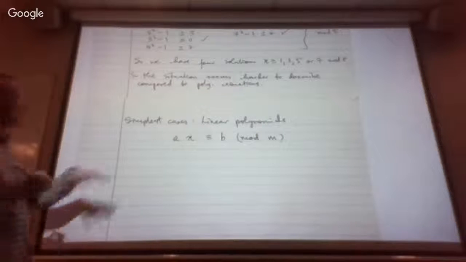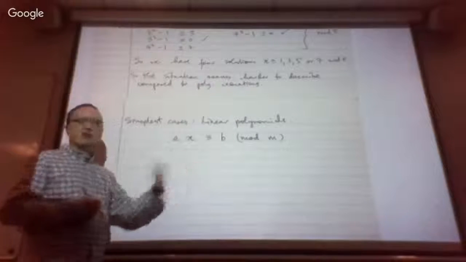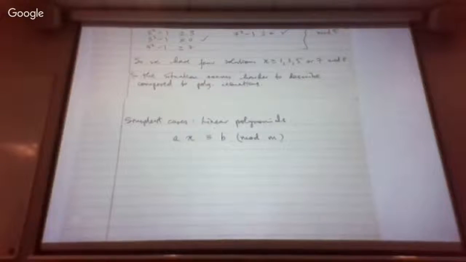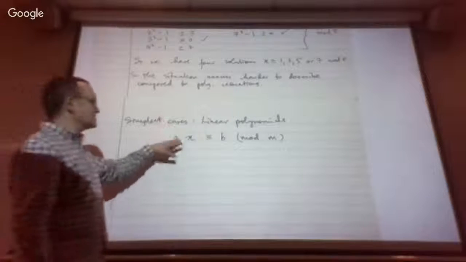That's the general form of a linear polynomial. So the polynomial is ax minus b, and we're looking for roots. Ax minus b congruent to 0, or presented like this, ax congruent to b modulo n.